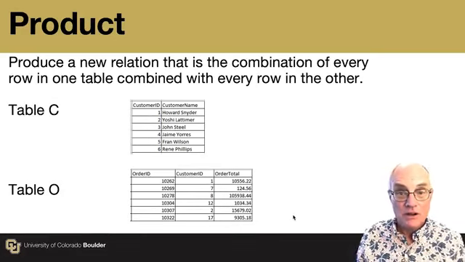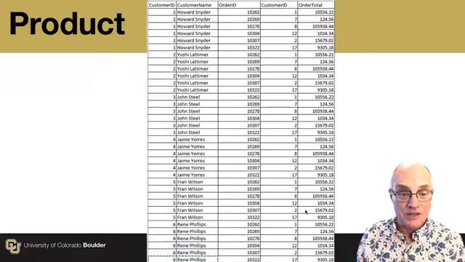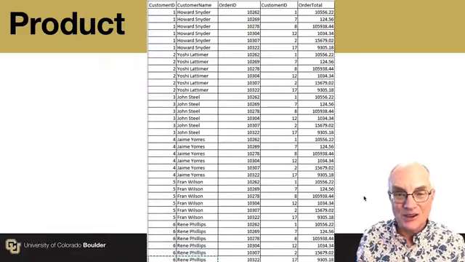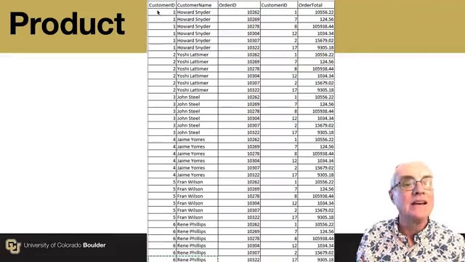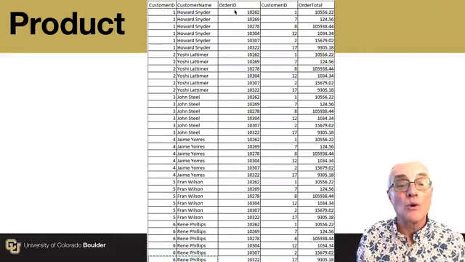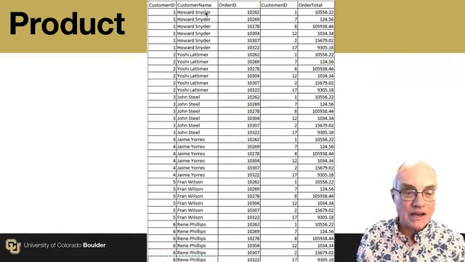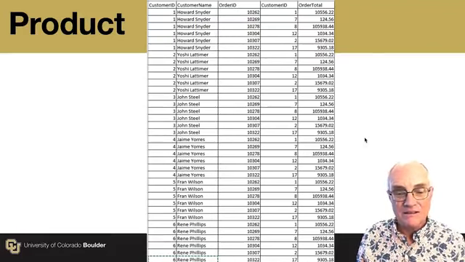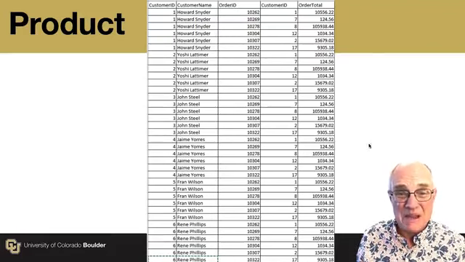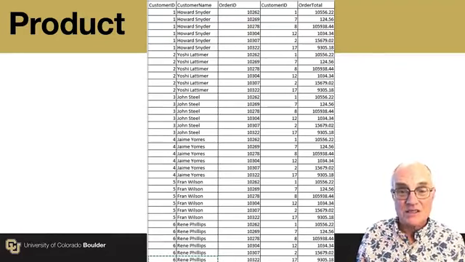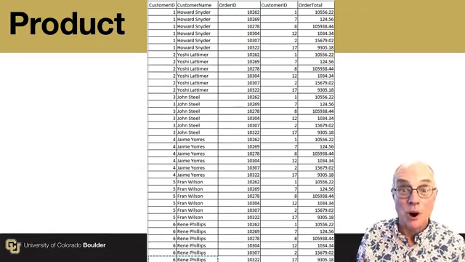What I get from that operation can easily look meaningless because it's taken customer data, customer ID, customer name, and order data, order ID, customer ID, order total, and it's combined every row from one table with every row from the other table, and it looks pretty meaningless, right? But that's the way a product works, the product operation in relational algebra.